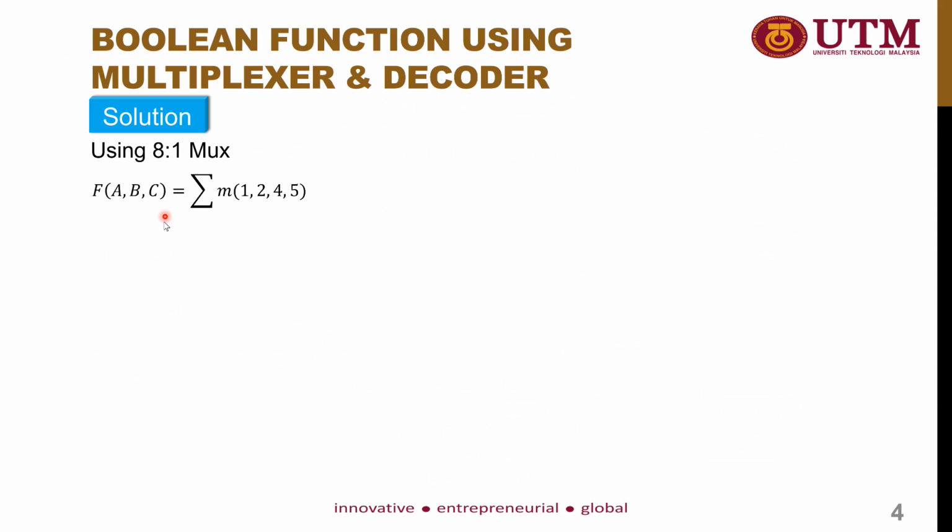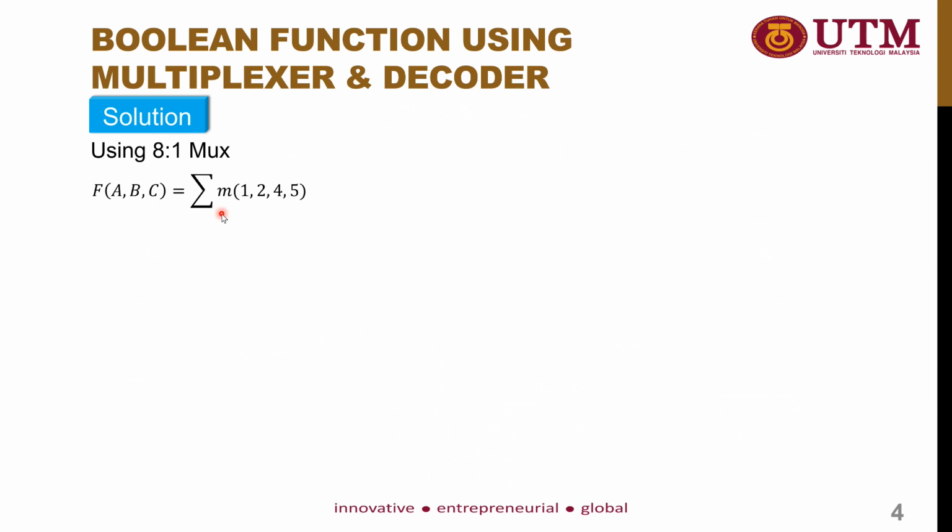Now, let's take a look at the first example of a Boolean function using an 8 to 1 multiplexer. In this example, we have a minterm expression, which is interpreted as minterms 1, 2, 4, and 5. Basically, minterm notation represents an output of 1 inside the truth table.